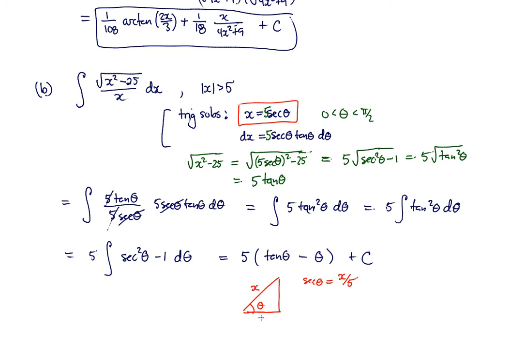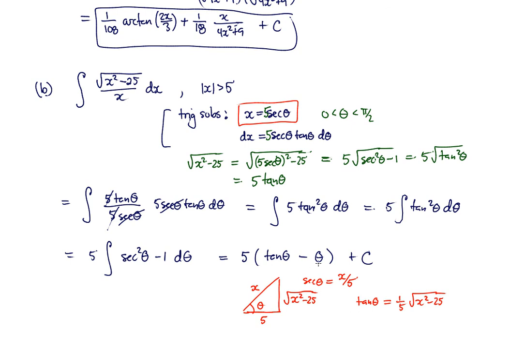So since it's x over 5, we can take x to be the hypotenuse and 5 to be the adjacent side. So this becomes then the square root of x squared minus 25 is that side. So now we've got all three sides labeled. Tan theta is opposite over adjacent, or square root of x squared minus 25 over 5.